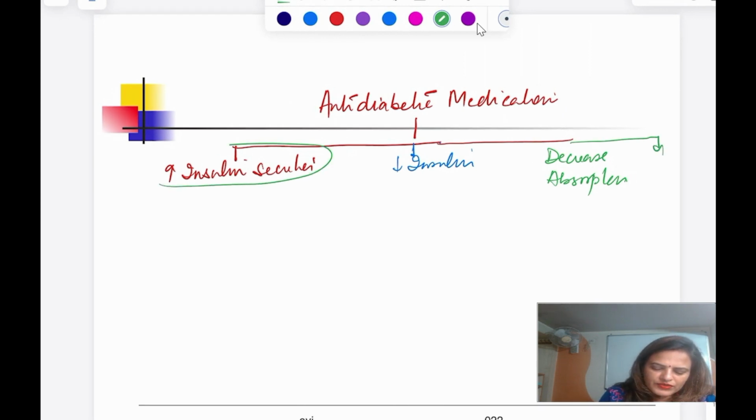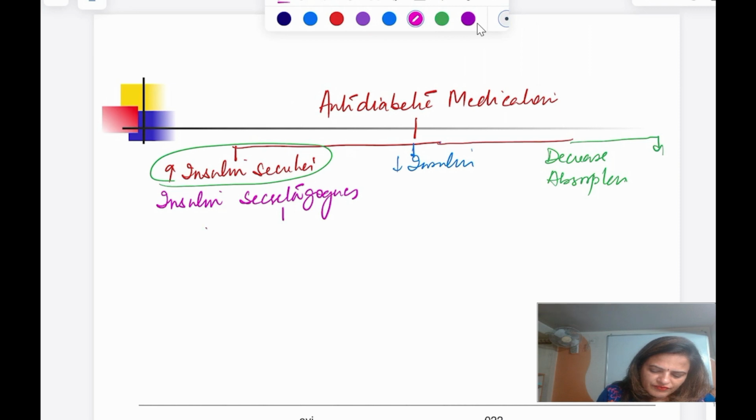So what are the drugs which act by increasing insulin secretion? We call this group of drugs insulin secretagogues.